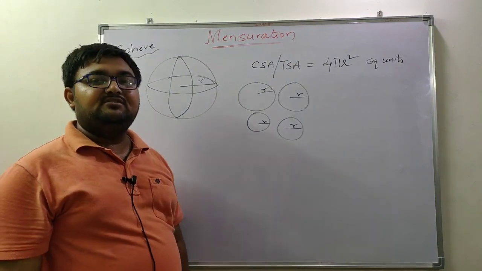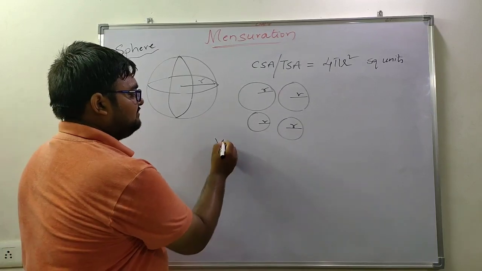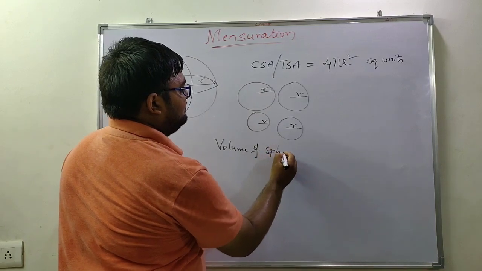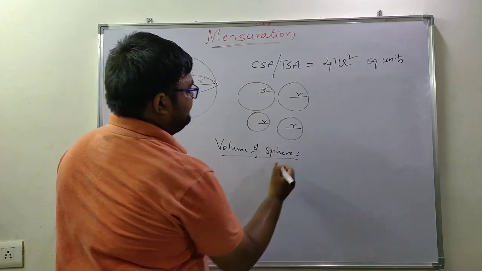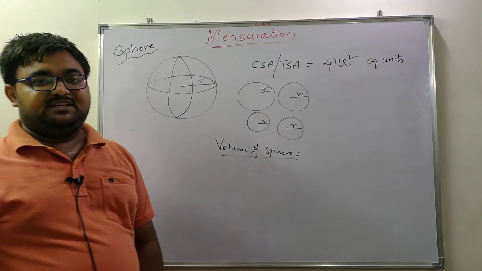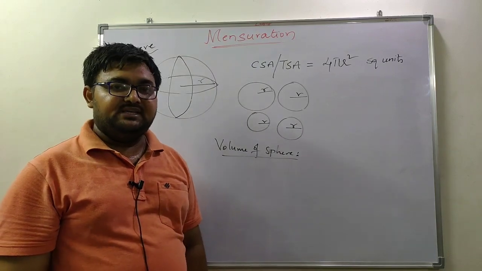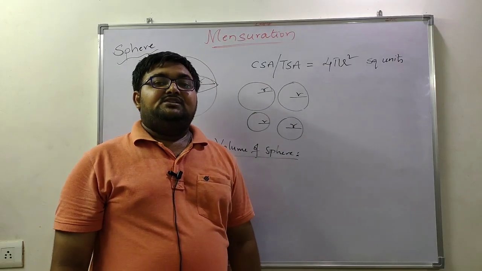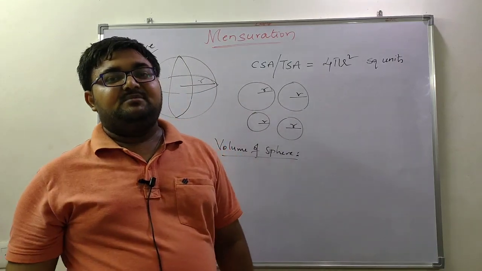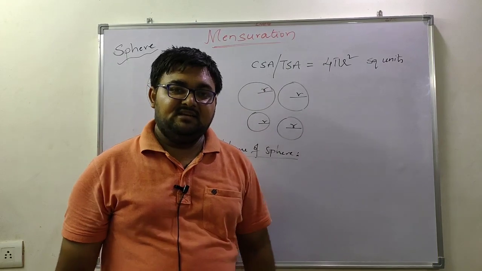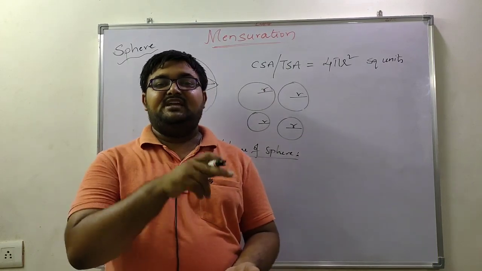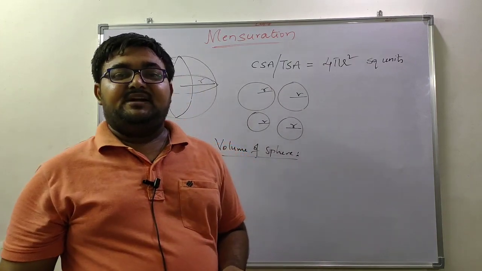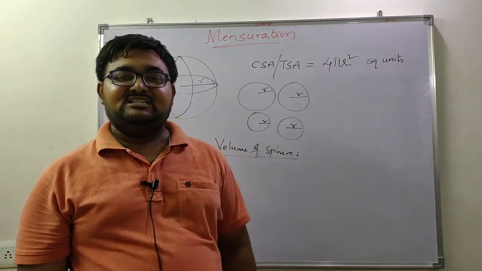Okay, next coming to the volume of the sphere. To find out the volume of the sphere, what we are going to do is, you might already have seen a watermelon, right? Whenever you purchase a watermelon, the seller will cut out a pyramid-like shape and show the reddish part to you.